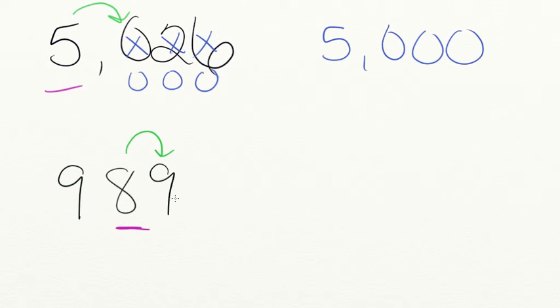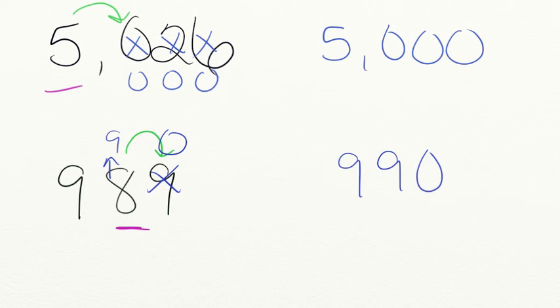If this number is 5 or greater, then you're going to round the underlined number up by 1. And since 9 is 5 or greater, we round our 8 up to a 9, and then we fill in our remaining place value with a 0. So 989 rounded to the nearest tens place gives us a value of 990.